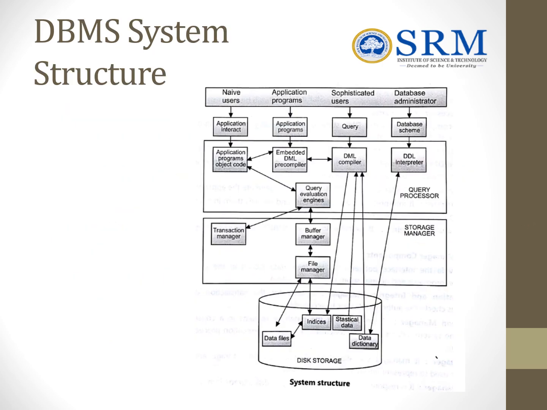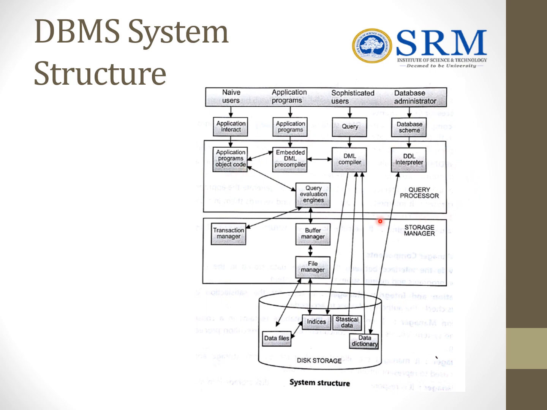Coming to the DBMS system structure, this is the structure that holds the user level, the logical level, and the physical level. Here we have the naive user, application programmer, sophisticated user, and database administrator as the users.